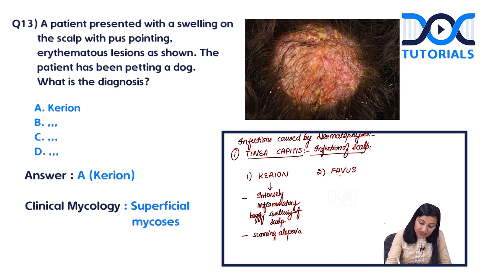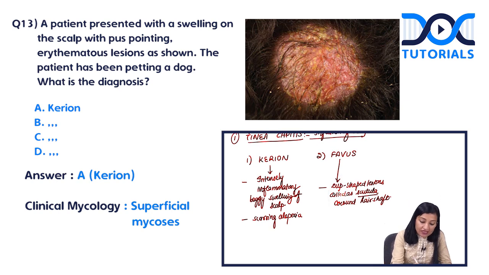and Favus is characterized by cup-shaped lesions called as scutula around the hair shaft. Okay, now you need to next know the causative agents of Chirion and Favus.